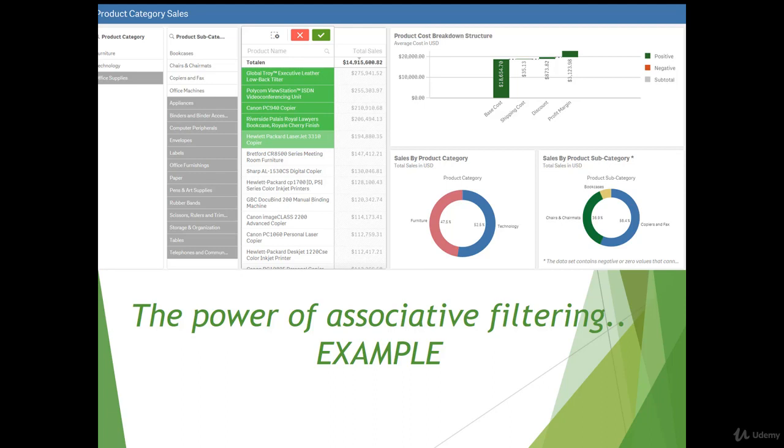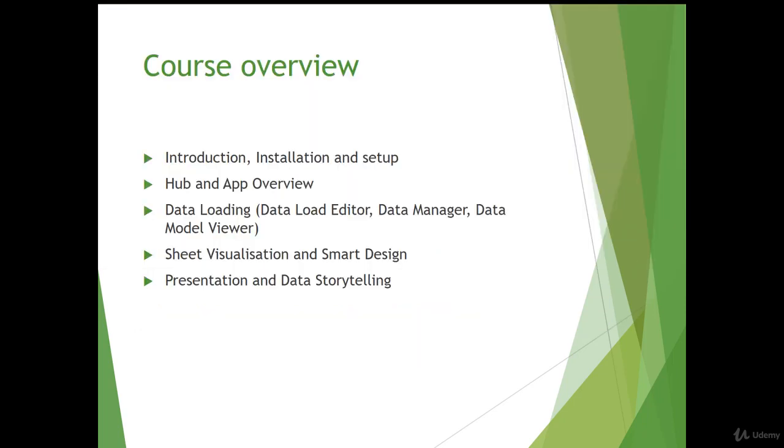As you see, when I select some fields within QlikSense, then all my visualizations, all my charts are updated dynamically. For an end user, this is very useful because I can just explore and select the fields I want to investigate. In this course, we're going to learn how to build this dashboard from scratch by first loading data into QlikSense and then building our visualizations.